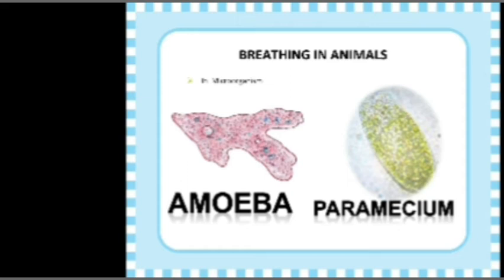So first we are going to study breathing in microorganisms like amoeba and paramecium. These are unicellular organisms and they breathe through their general body surface. Like we have skin, they don't have skin because they are made of a single cell. So the outer membrane is responsible for exchange of gases.